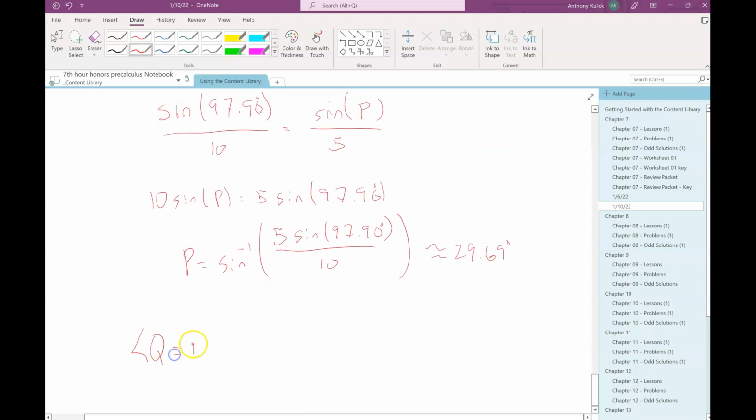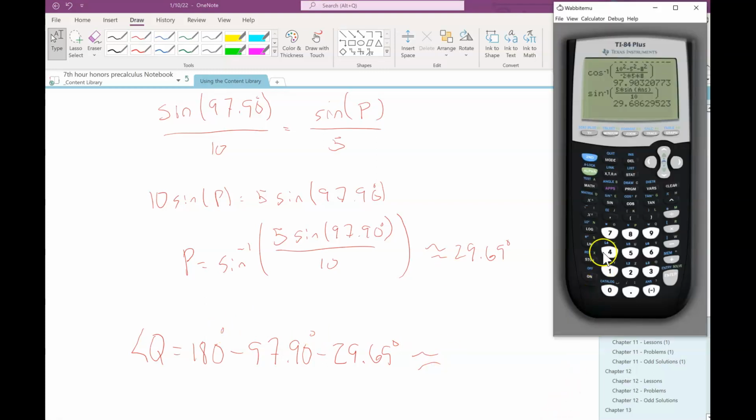So getting angle Q is now really easy because I have two of the three angles. I can add those two together and subtract from 180 to get the third angle, and I'm all done. Which is pretty cool. So 52.41.